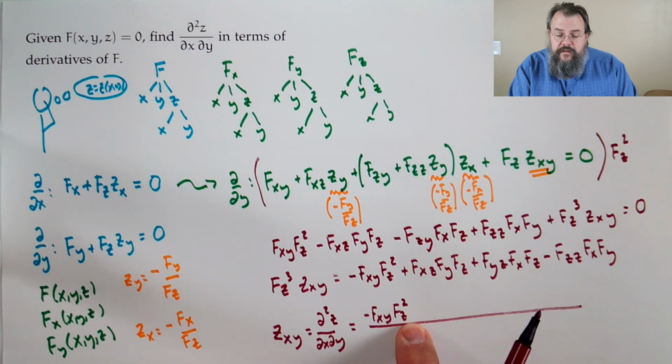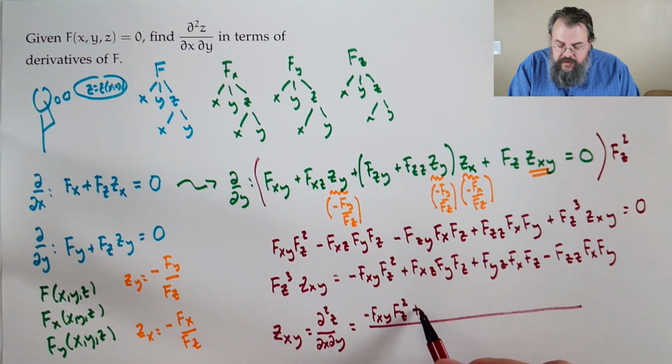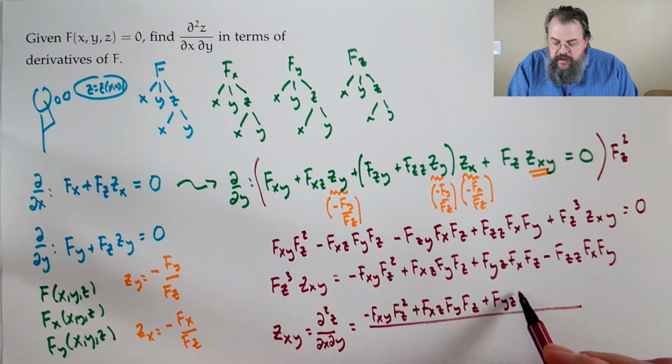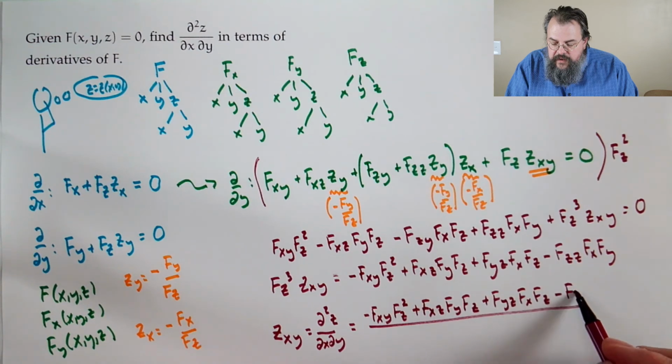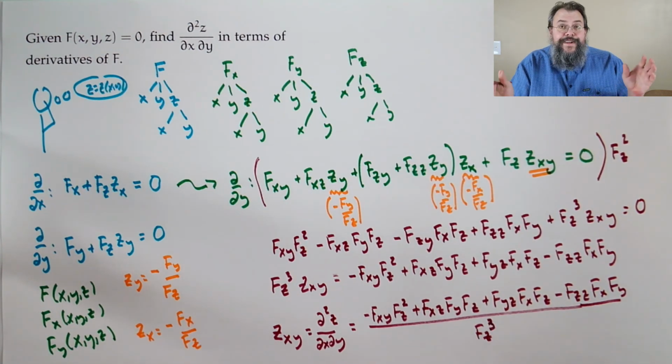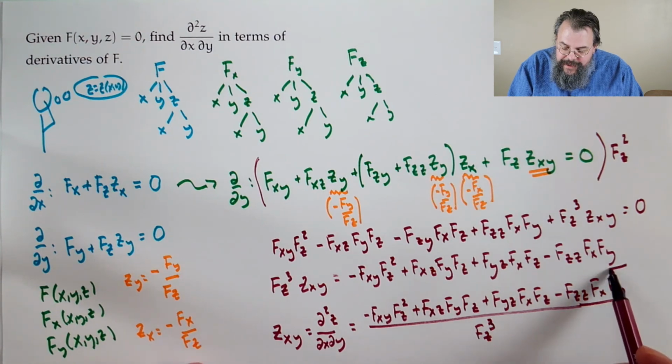Here, take the derivative with respect to z and square it, plus fxz fy fz plus fyz fx fz minus fzz fx fy, all divided by fz cubed. That's it. Wow. Amazing.